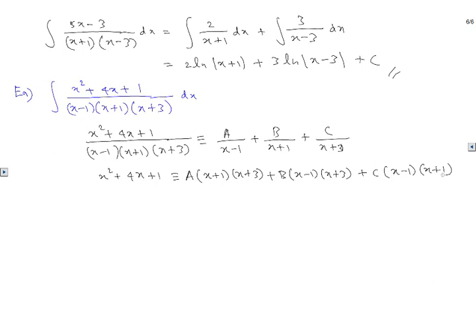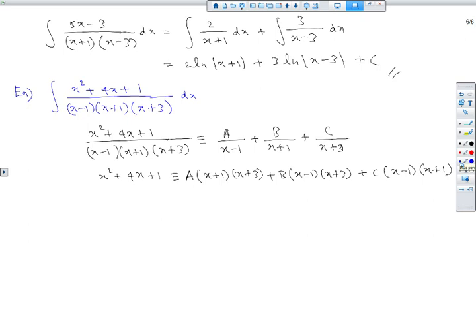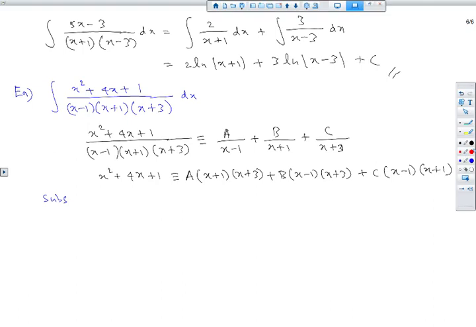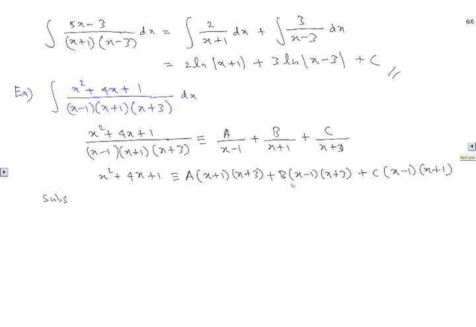Now the substitution step. Let's say you want to find a. See what is common in the other 2 terms. If you want to find a, you can see this and that are common. So if you make those common terms 0, you can find a.